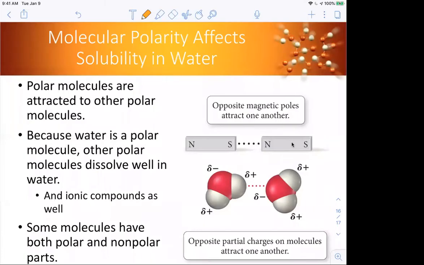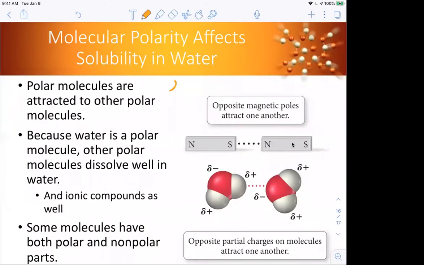Now, it's really interesting to know how polarity affects physical properties. We're going to spend a lot of time on that in organic chemistry. One of the things I want to mention really quickly in this little review is that molecular polarity affects all kinds of physical properties: melting point, boiling point, vapor pressure. It also affects solubility.